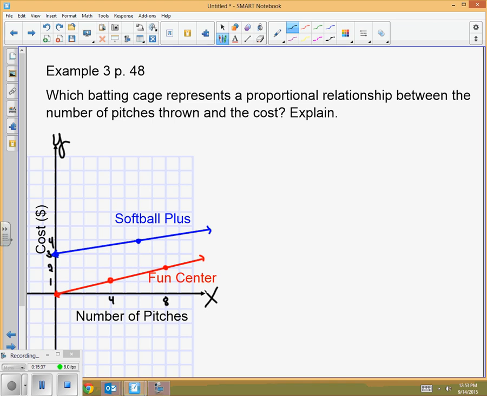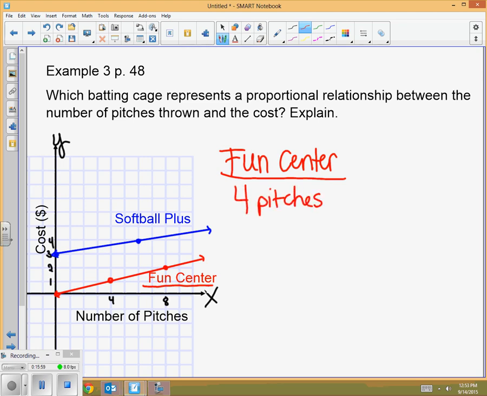Now, looking at the two lines, our red line is called Fun Center. And I'm going to take some notes here. I would like you to write this down either in your work zone or off to the side to show your thinking. Fun Center has 4 pitches, and for 4 pitches, it costs $1.